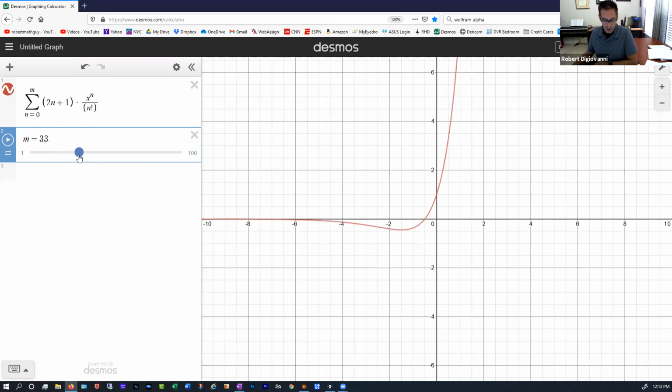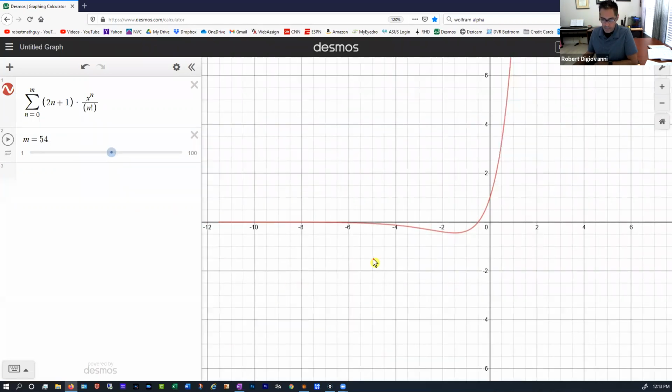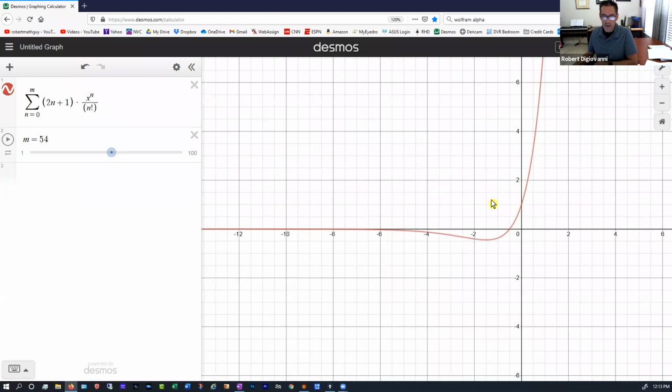So there it is. We just said a second ago that this series converges for all x, which means if we plug in x in here, we're going to get an output. And that's what Desmos is doing for us. If you plug in 1, it actually converges to this output.